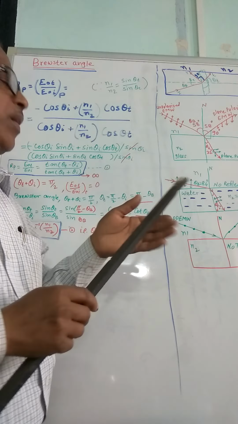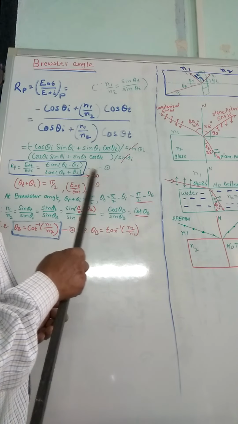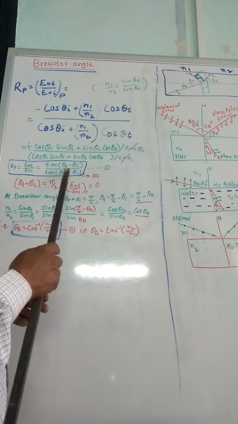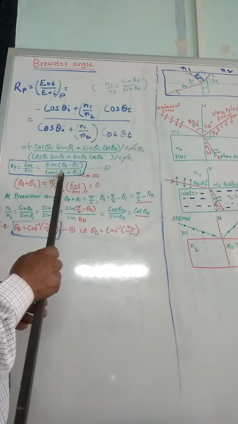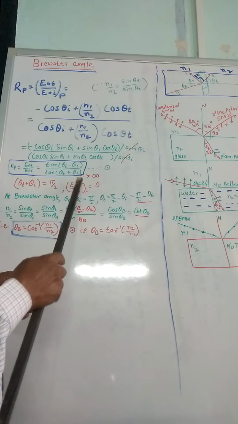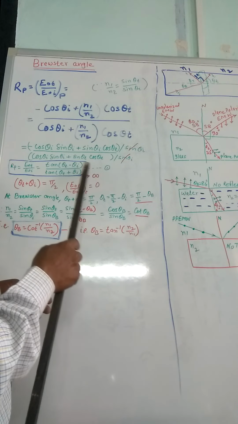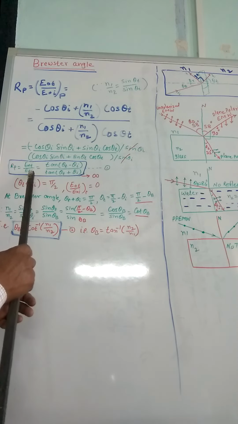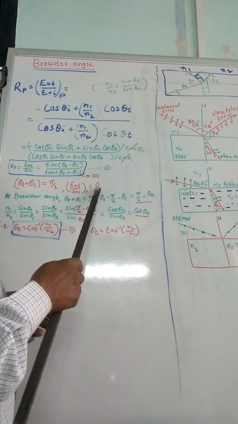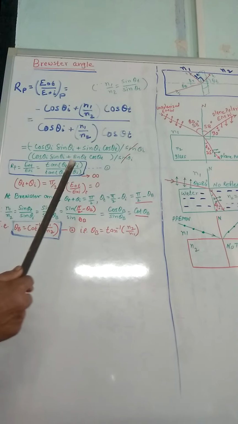Now in this case, the denominator tends to infinity. This is possible when the sum of the angles equals pi by 2. In that case, the tangent goes to infinity, and then the ratio E0T by E0I goes to 0.